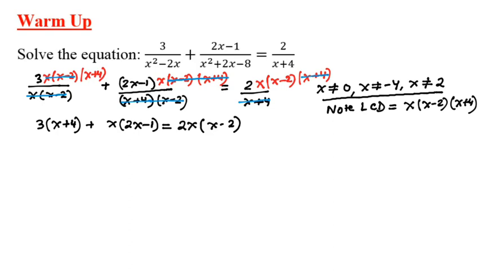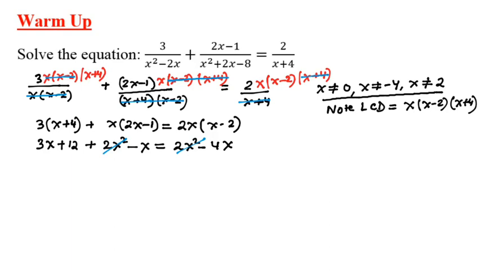Now you can distribute, you get 3x plus 12, 3 times 4, 12, plus 2x squared minus x equal to 2x squared minus 4x. If you subtract 2x squared on both sides, that gets cancelled.